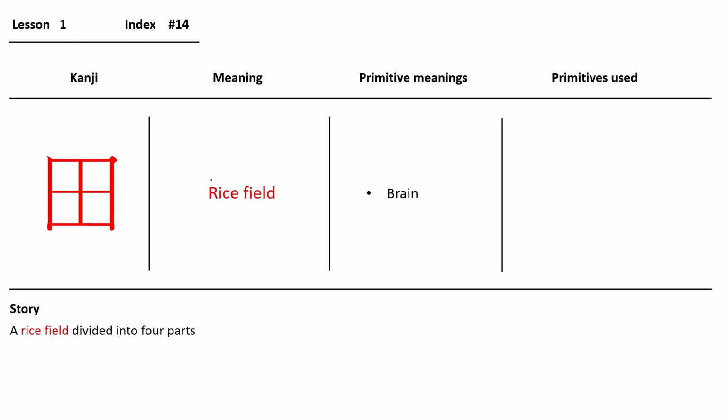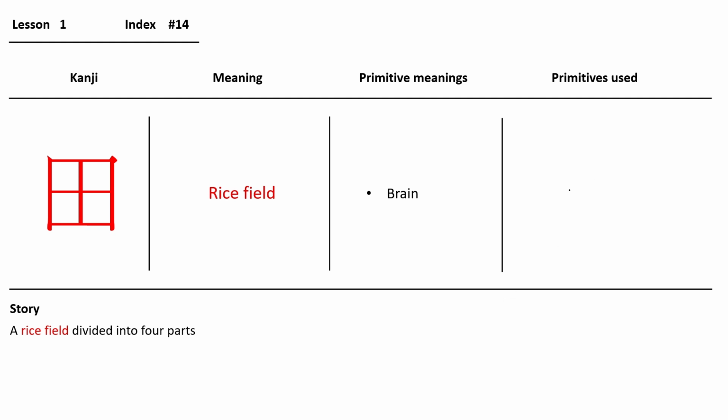Rice field is the main meaning of this character, and if it's used in other characters, we will also most often treat its meaning as rice field, but try to remember brain as well. It will be useful, but if you don't remember while we are learning new characters and we use this meaning, you will see it here, right here. So it will be easy for you to recall it, so no worries about it.